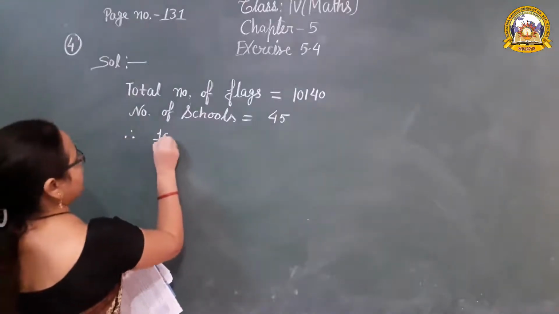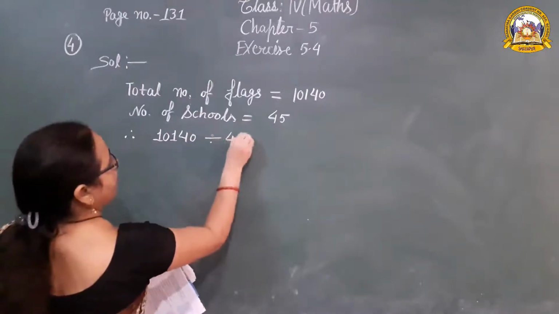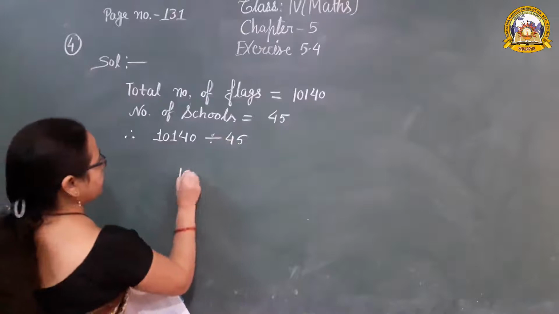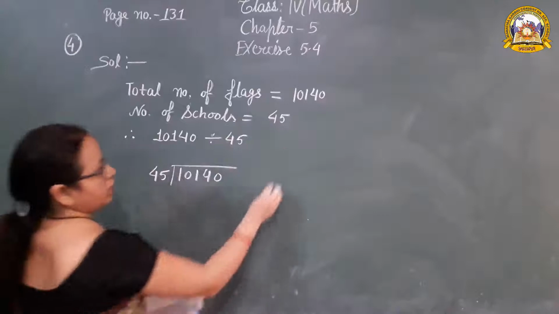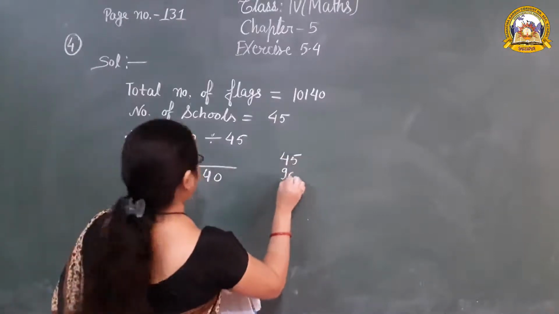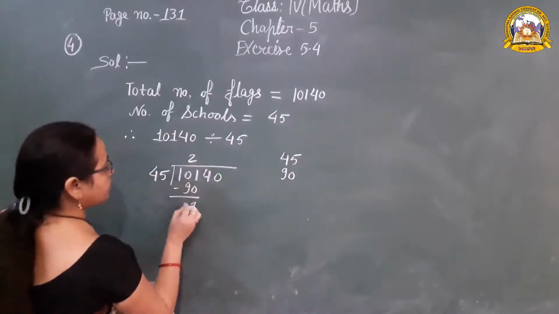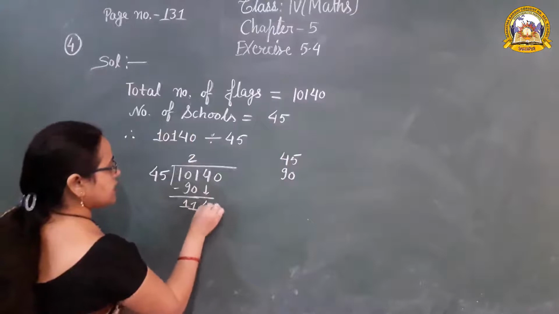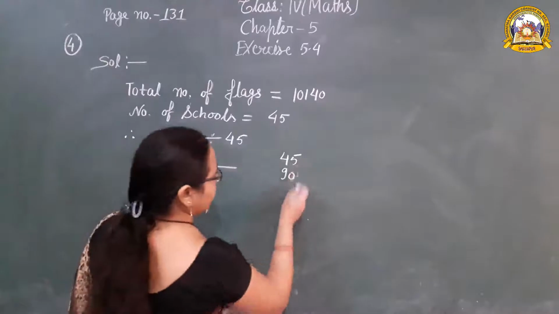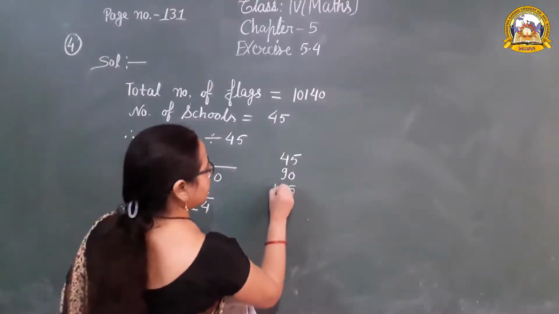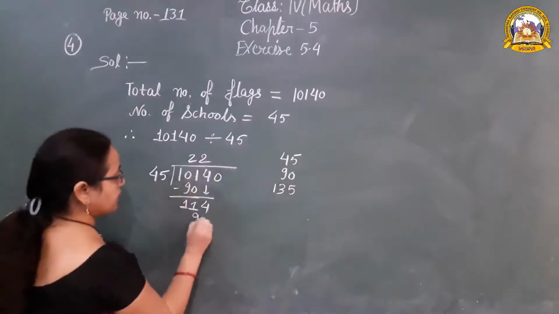Therefore, first we divide 10,140 by 45. Make the table of 45. 2 times is 90. Bring down the next digit, number is 114. Increase the table of 45. It is greater than this, that is why 2 times, 90.